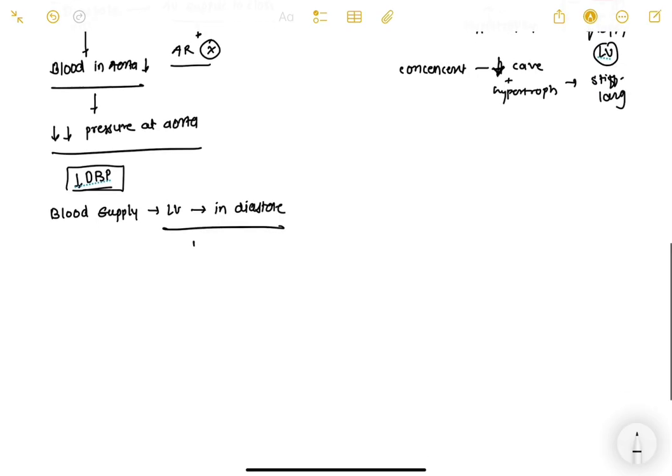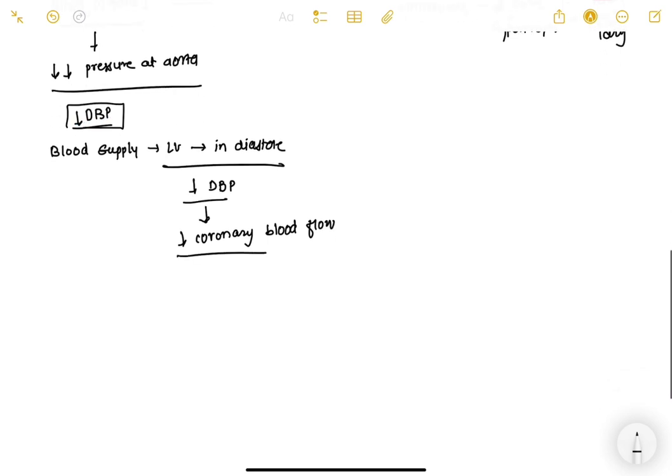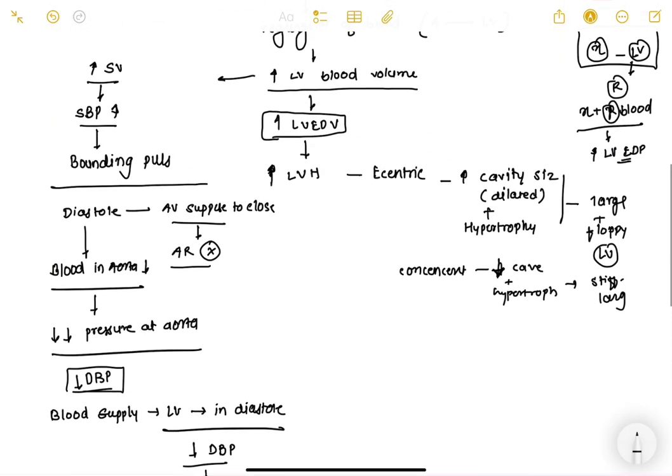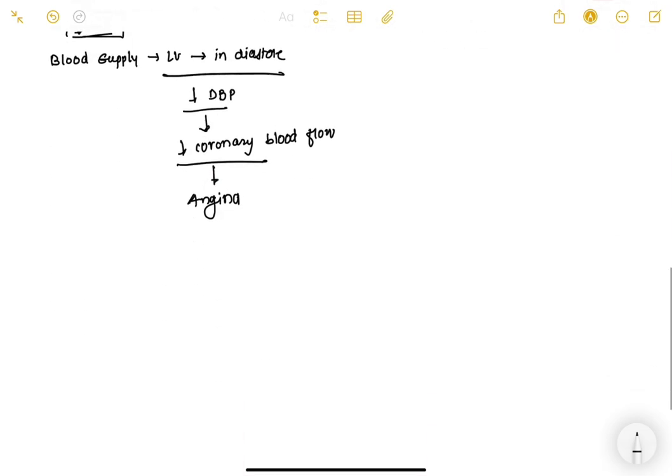So since there is a decrease in diastolic blood pressure, there is decreased coronary blood flow. Due to decreased coronary blood flow, there will be angina, right? So we have said there is increased SBP and decreased diastolic blood pressure.